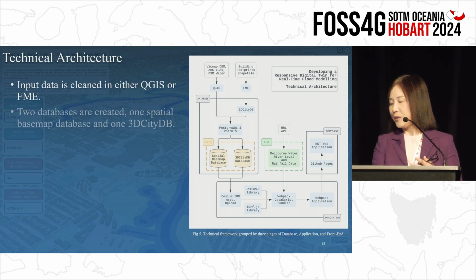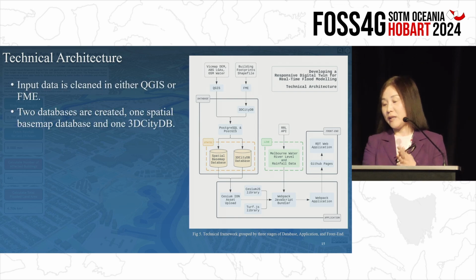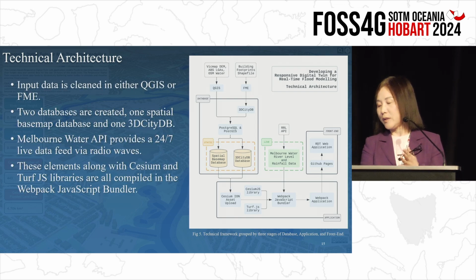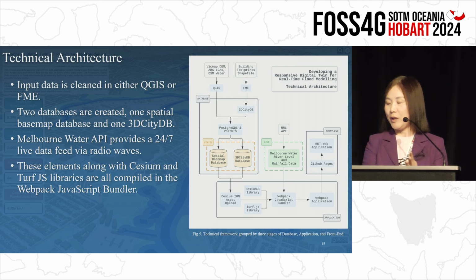Right, so to summarize, there are a few steps for the technical implementation. Of course, we use a lot of GIS plugins and use QGIS to process the data, and use PostGIS to create a 3D CTDB, which is the main database.